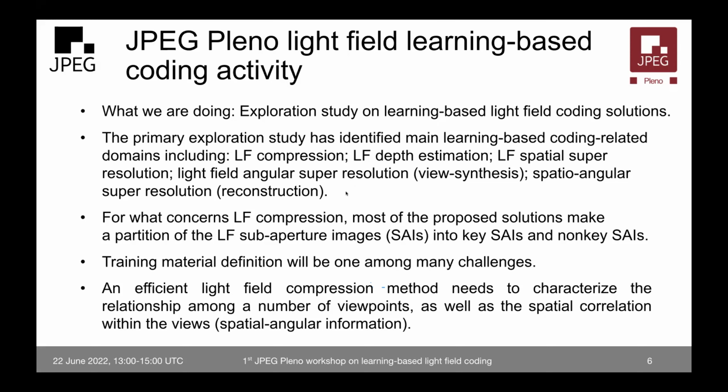For light field compression, we identified that most of the proposed solutions partition the light field sub-aperture images into key sub-aperture images and non-key sub-aperture images. And we believe that training material definition will be one among many challenges we have in learning-based activity. We also believe that an efficient light field compression method needs to characterize the relationship among the number of viewpoints as well as the spatial correlation within the views.